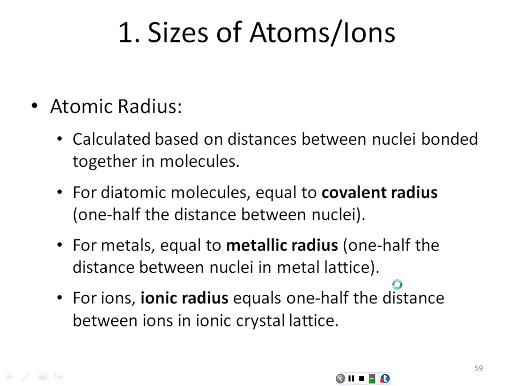Atomic radius is calculated based on the distances between nuclei that are bound together in molecules. For diatomic molecules, it's the covalent radius, for metals, the metallic radius, and for ions, it's half the distance between ions in the crystal lattice. So basically they're all the same definition. You take the distance between 2 nuclei and cut it in half, and that becomes an atomic radius, or the size of an atom.